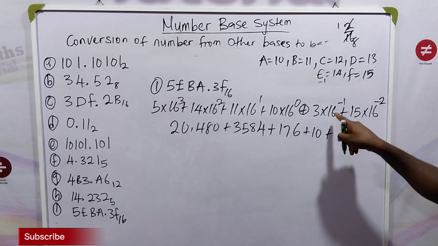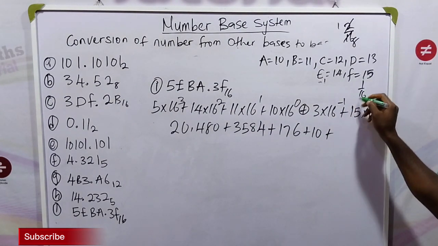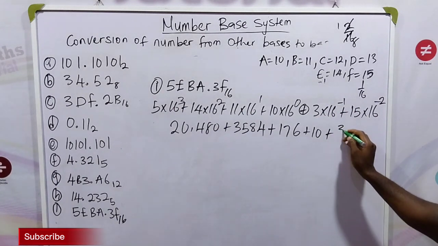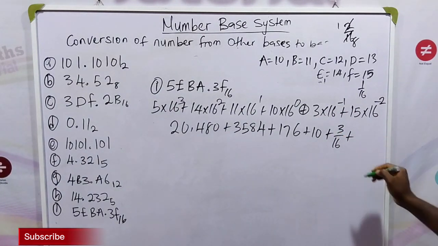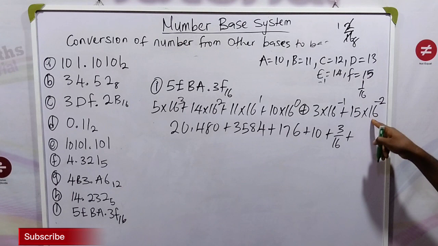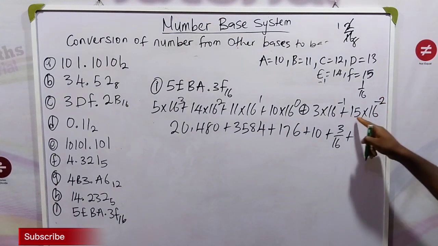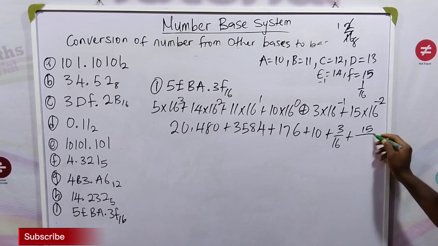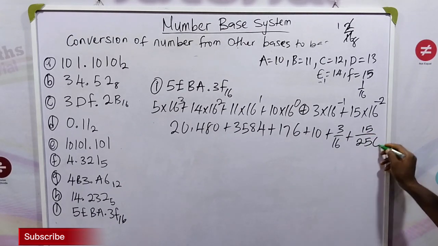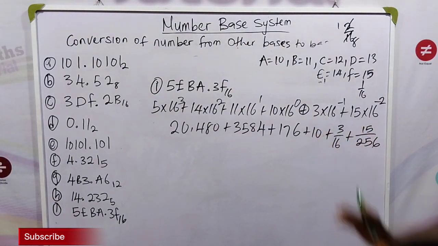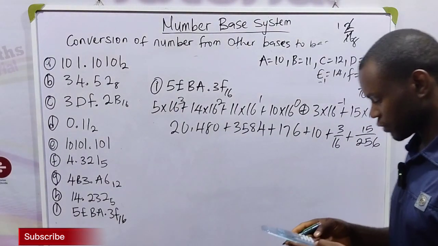Plus here, 16 inverse is 1 over 16 times 3. You have 3 over 16. Then for here, 16 squared inverse is 1 over 256 times 15. We have 15 over 256. Then let us add accordingly. The whole number part first.